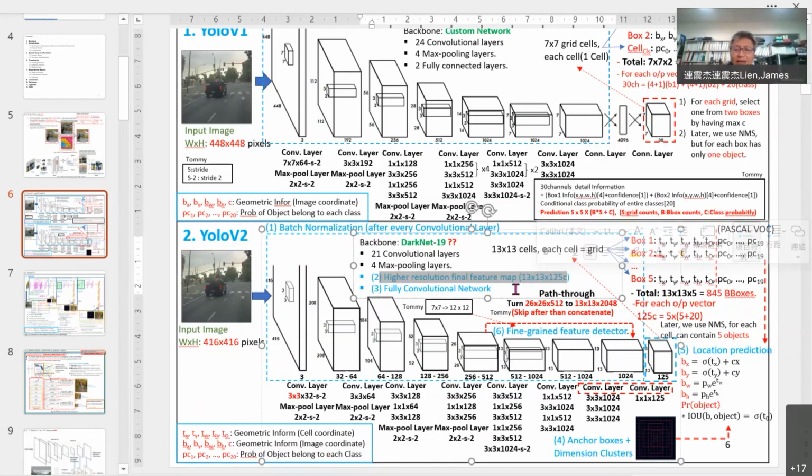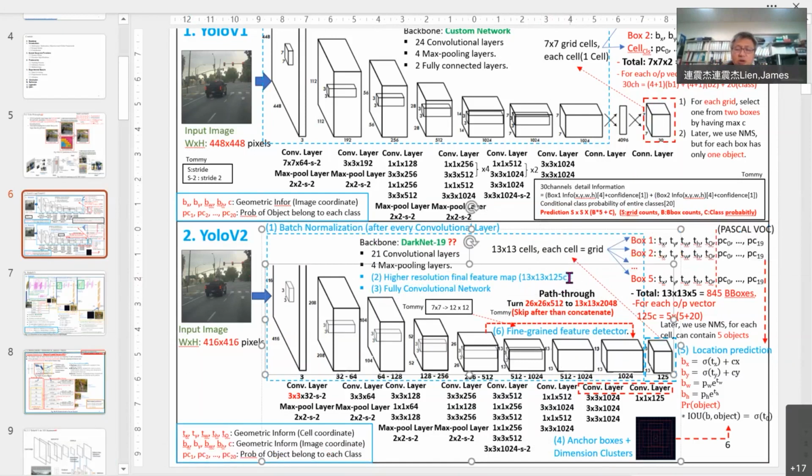Okay, but why is it 125 channels? Here it is only 30 channels. It is 125 channels because there are only 2 bounding boxes here, but there they have 5 bounding boxes for each grid.